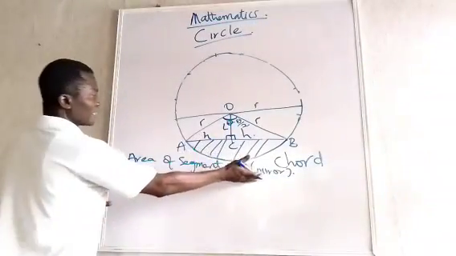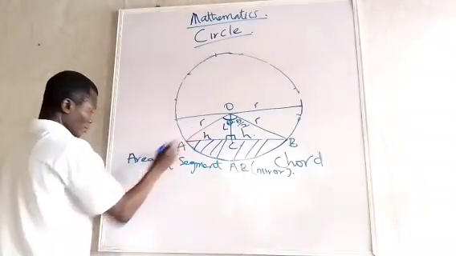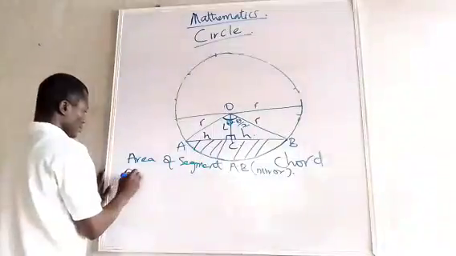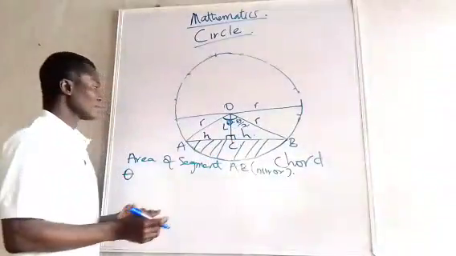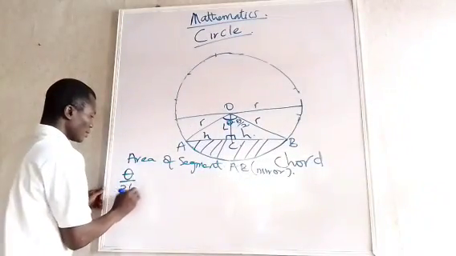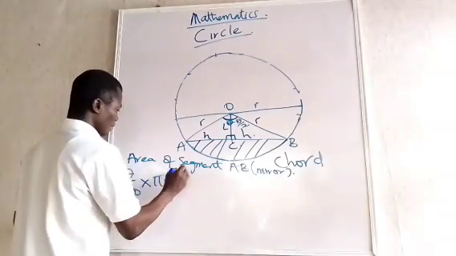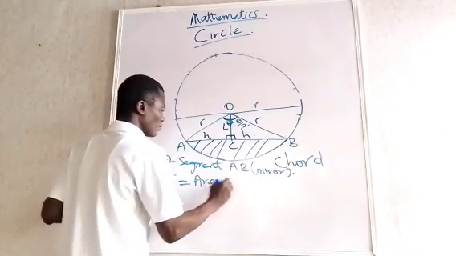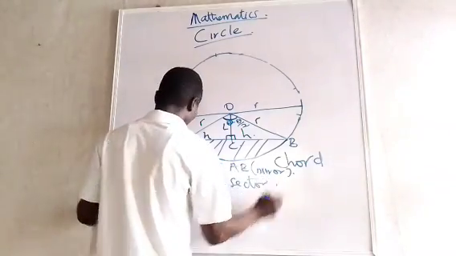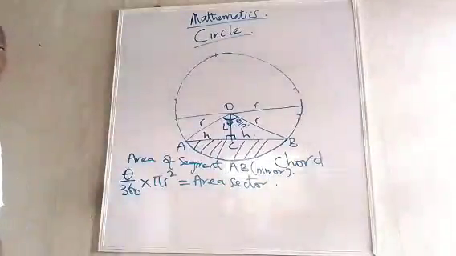The area of the sector will now be theta, after I have found this theta, over 360 times pi r squared. Now, the area of this triangle.